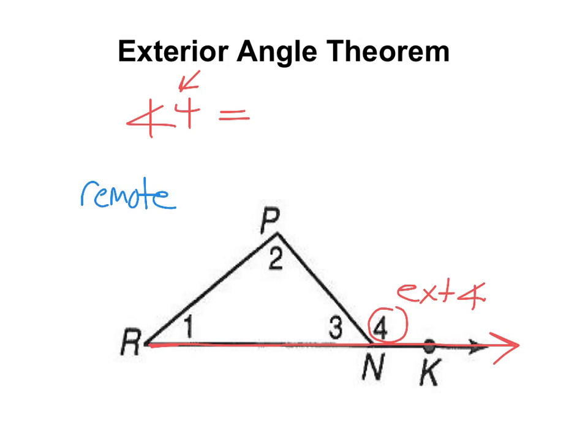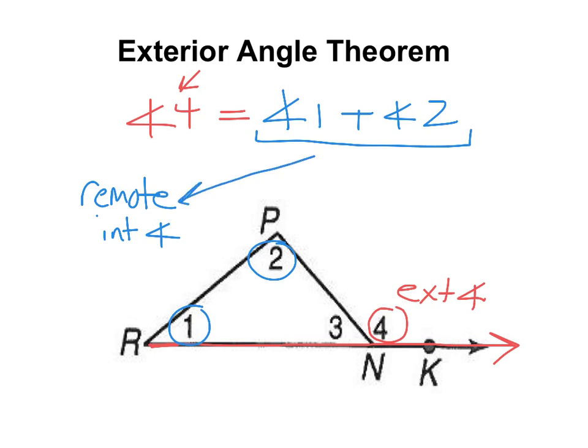Since angle 3 is adjacent to angle 4, it's not remote because it's touching it. So we want the angles that are far away: angle 1 and angle 2. So the theorem says angle 4 is equal to angle 1 plus angle 2. The exterior angle is equal to the sum of the two remote interior angles.